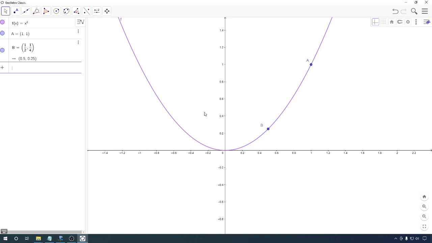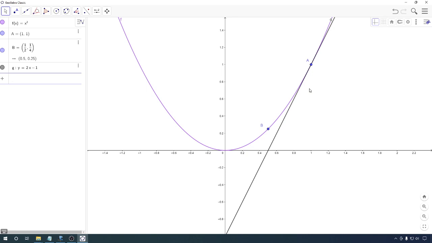For example, if I plot the line y equals 2x minus 1, that line passes through the point A, the point (1, 1), and it looks very, very close to the parabola. It agrees with that parabola near that point (1, 1) extremely well.